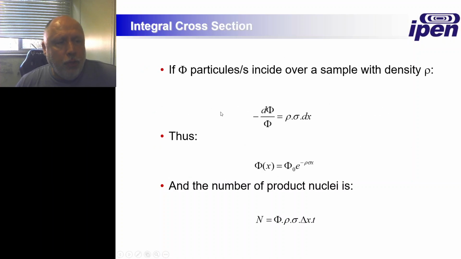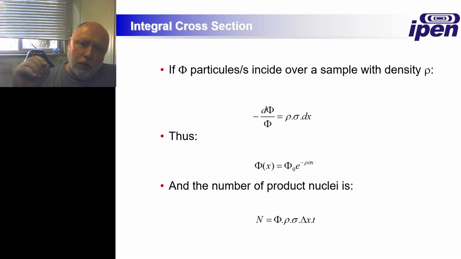And if we think about how we define this: you have a number of particles per second incident over a sample, and the sample has a density of ρ, right? The probability of interaction is given by this equation, where ρ is the density of the medium of the target, right? dx is just a differential depth, meaning it's just a very, very small delta.